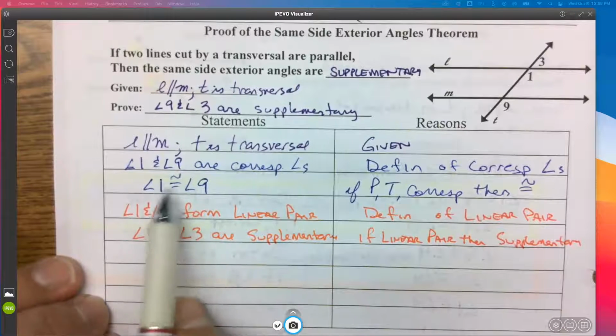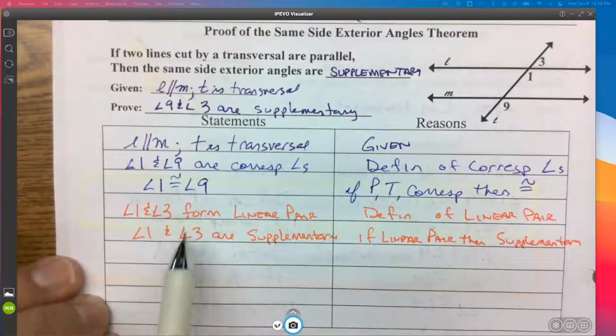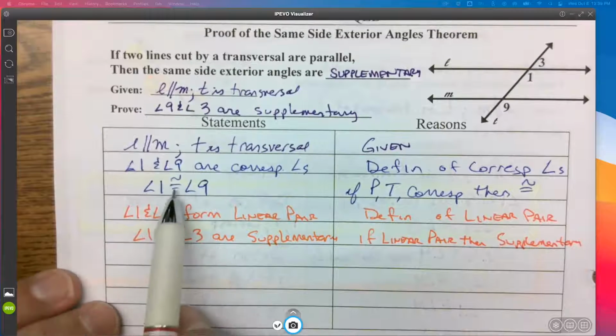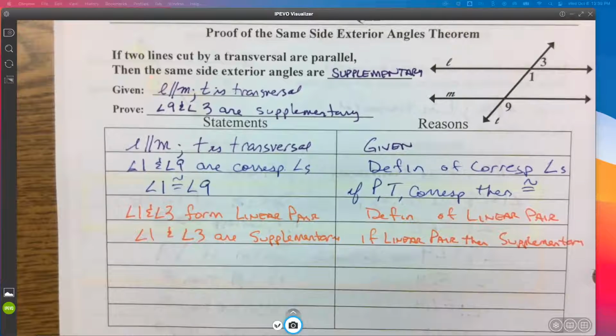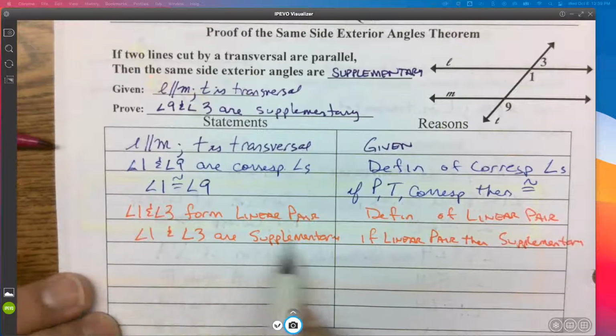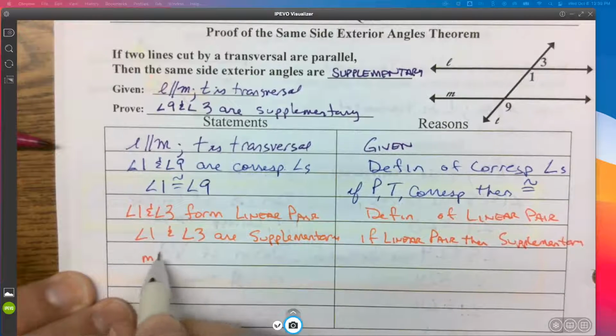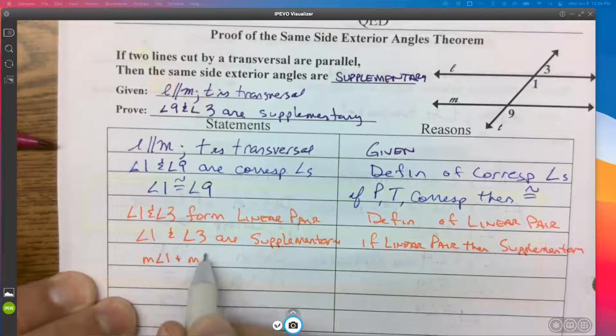Now the problem is I've got to tie these two things together. Really, I just want to replace this 9 for 1, but I don't have a property that says replacing congruence in a statement. So instead, I'm going to turn this one into an equality. The measure of angle 1 plus the measure of angle 3 equals 180.